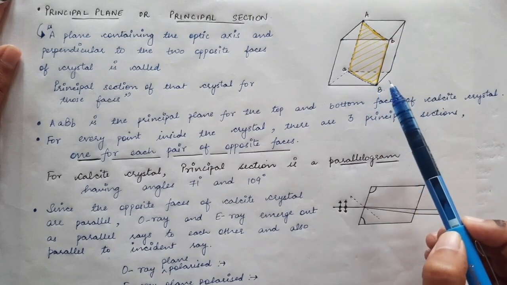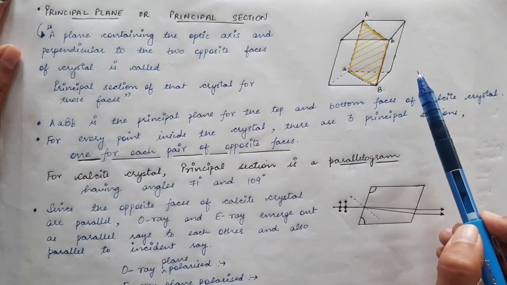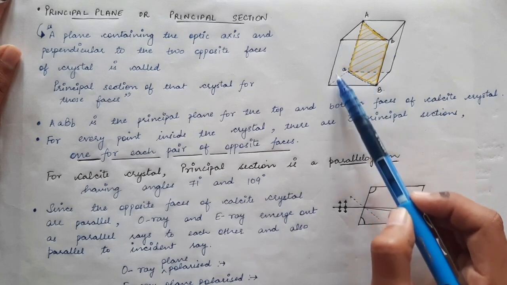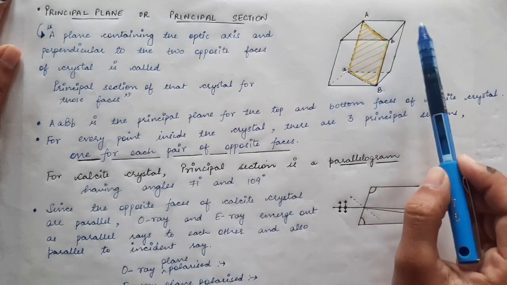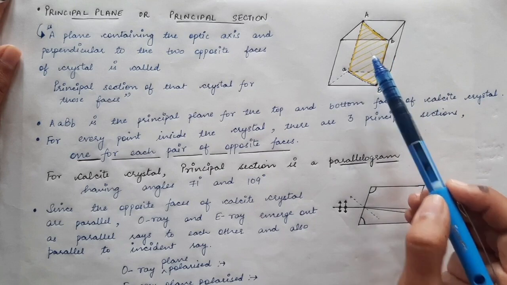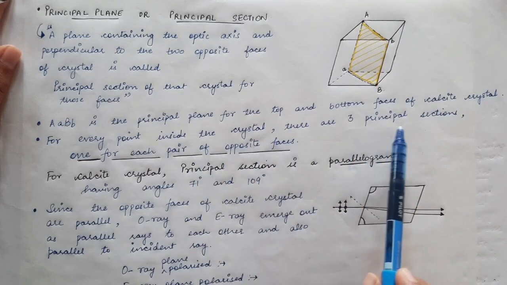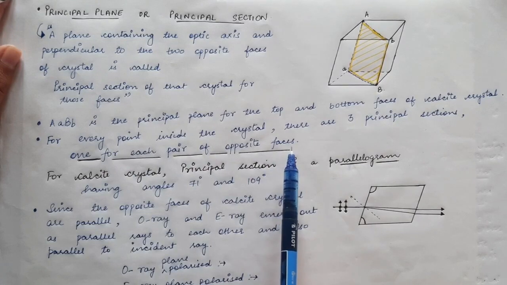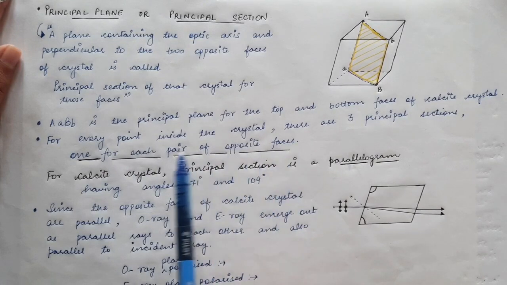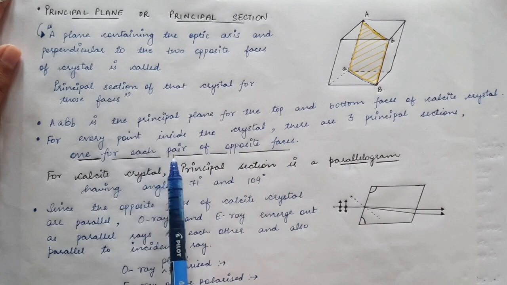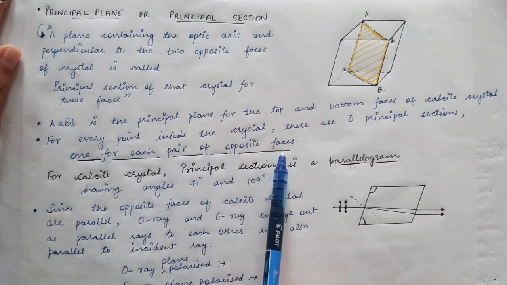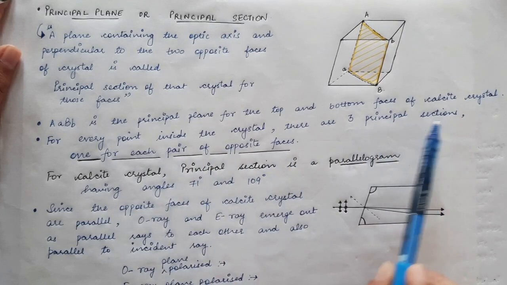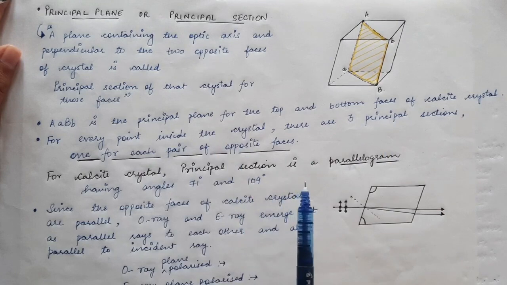And the third principal section can be drawn for the faces at the front and at the back. So there are 6 faces, therefore 3 pairs of opposite faces, therefore I will have 3 principal sections for every point inside the crystal.